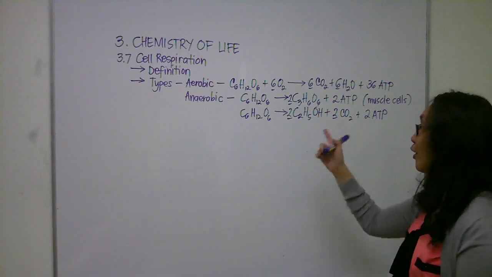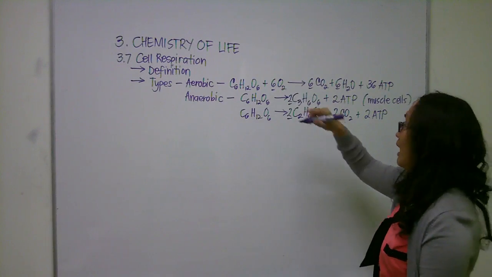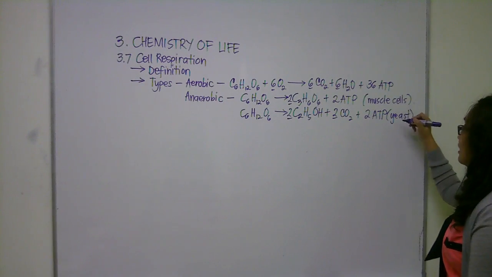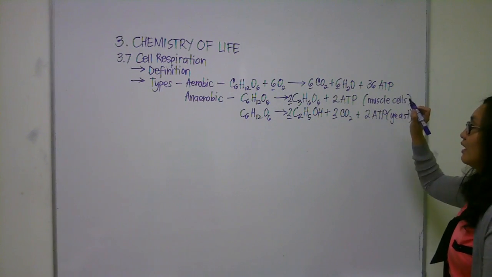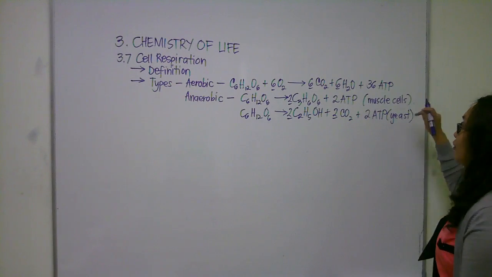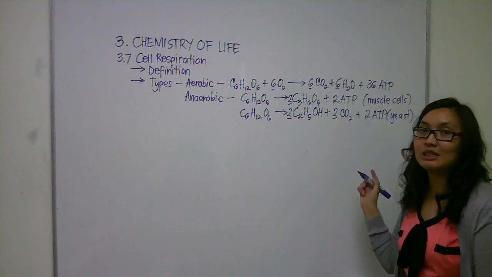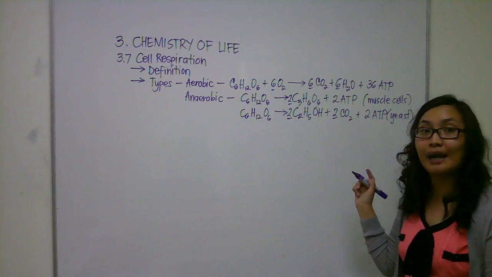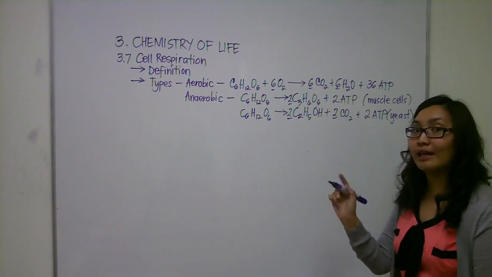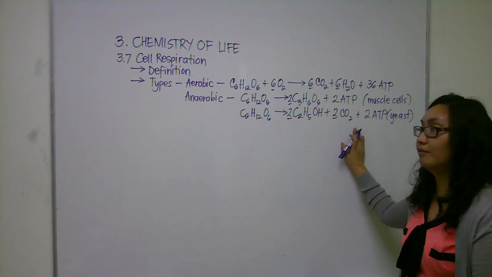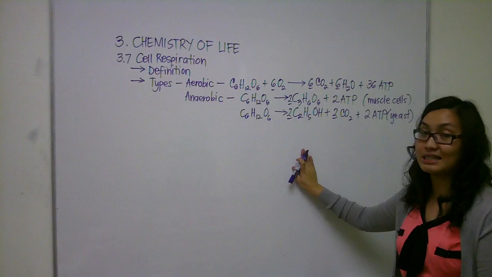So we can point out that in anaerobic respiration, the number of ATP molecules in both muscle cells and yeast cells is the same, because the anaerobic respiration occurring in both cells is the same. They both undergo glycolysis only. That's why their product of ATP molecules is the same.